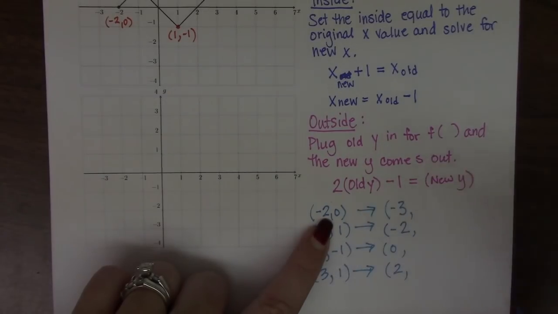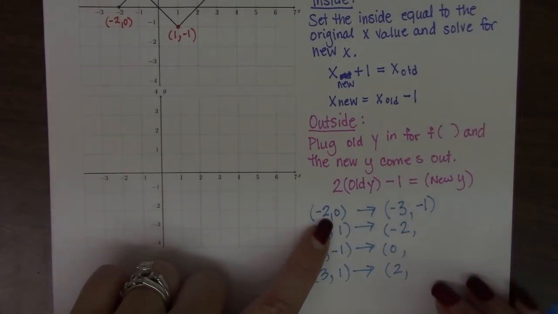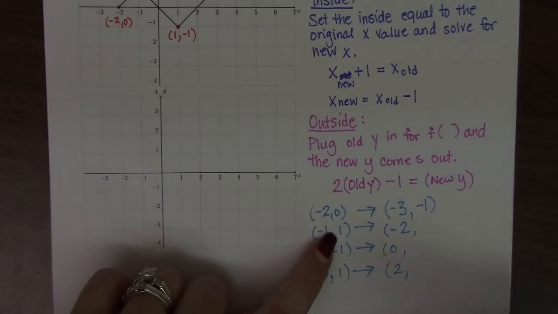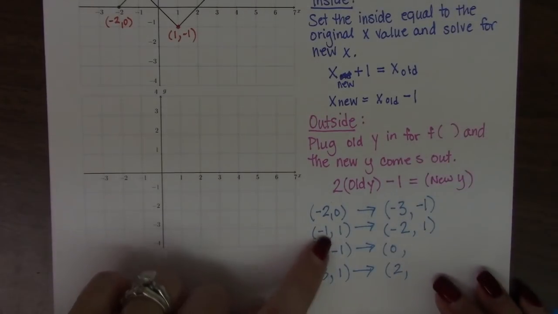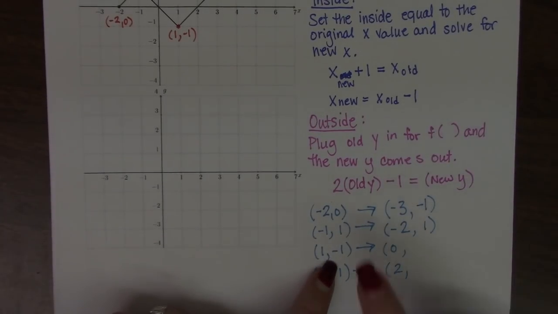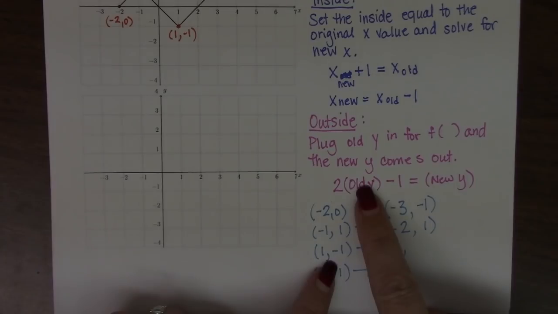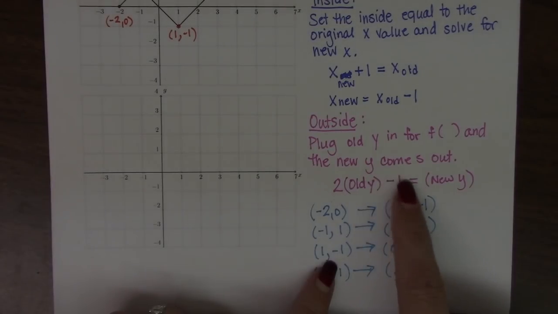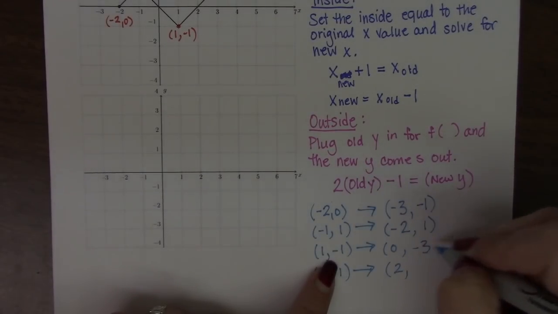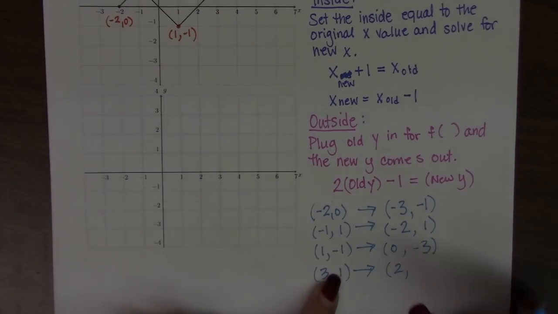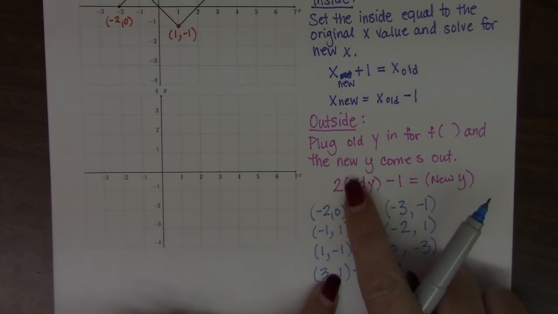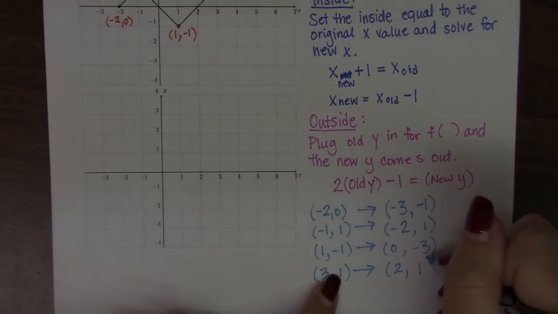Minus 1 gives me -1. 1 is our next value, so 2 times 1 is 2. 2 minus 1 is 1. Now I have negative 1. 2 times negative 1 is negative 2. Negative 2 minus 1 is negative 3. 1 times 2 is 2. 2 minus 1 is 1.